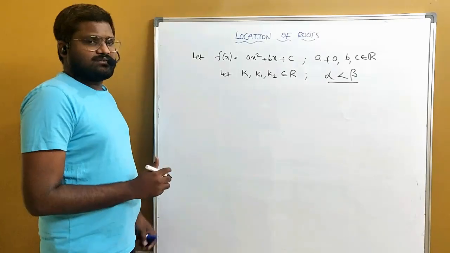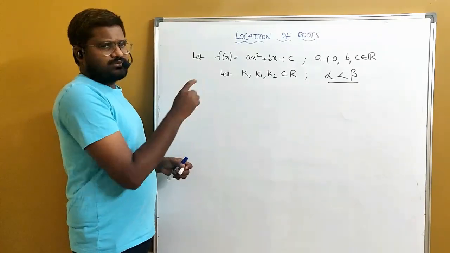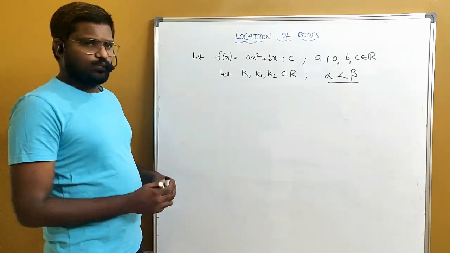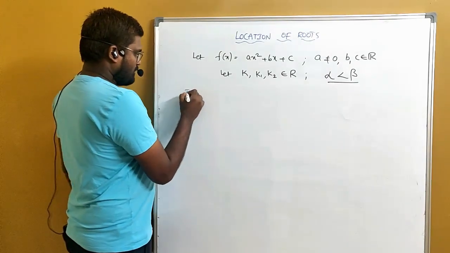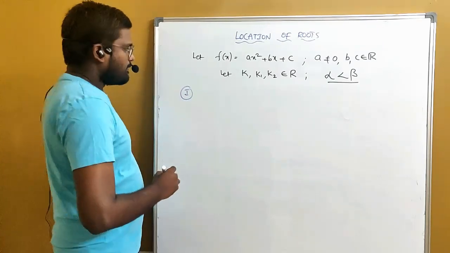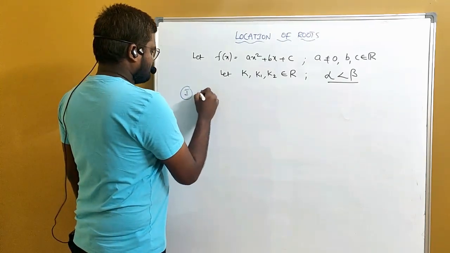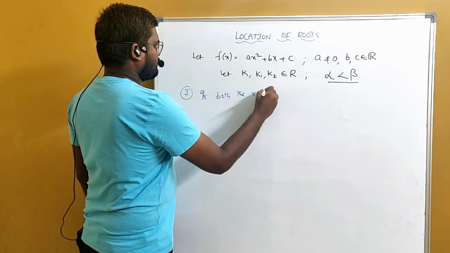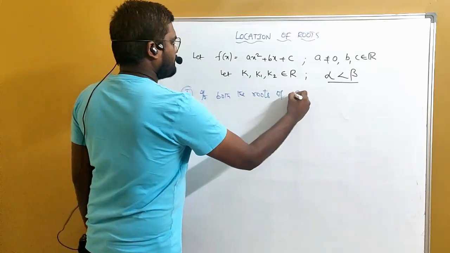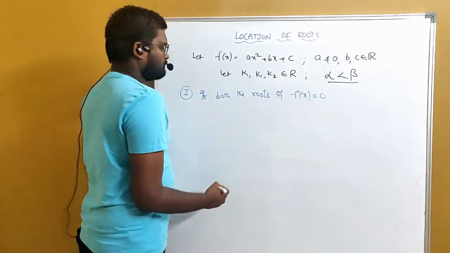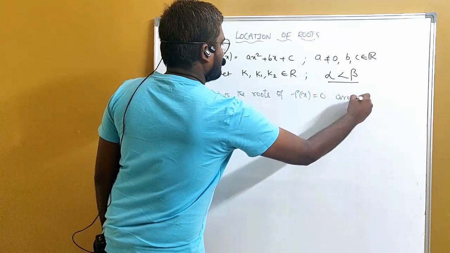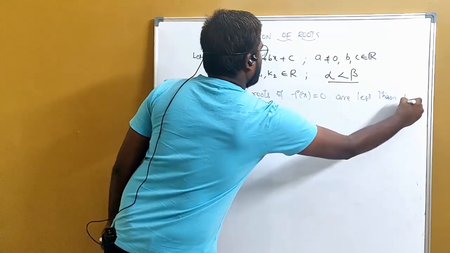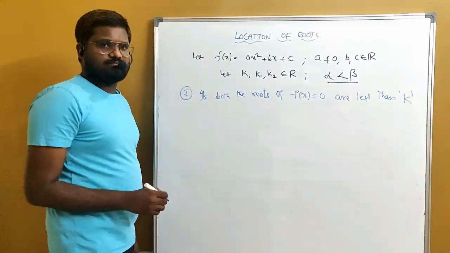Now actually there are some 5 to 6 cases in this location of roots. I'll start with case number 1. The first case is, if both the roots of f of x equal to 0 are less than a constant k.